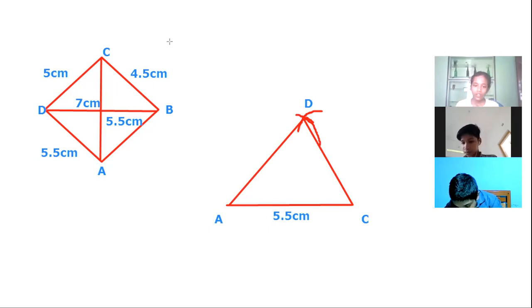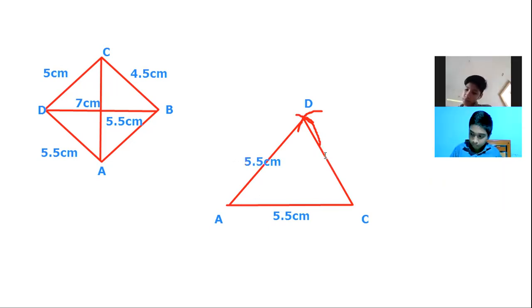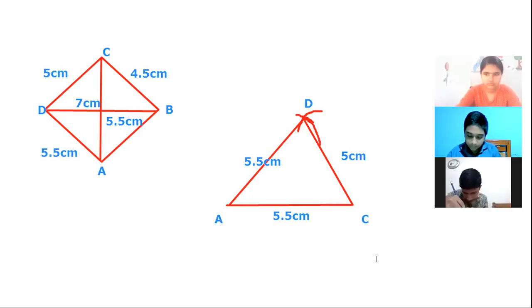And we know the length of AD is equal to 5.5 centimeter, and the length of CD is equal to 5 centimeter. Now we get the triangle ACD.